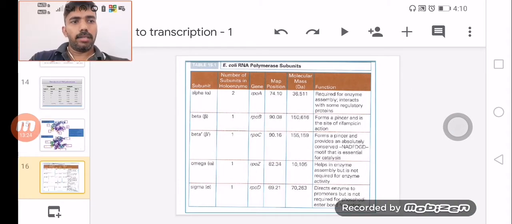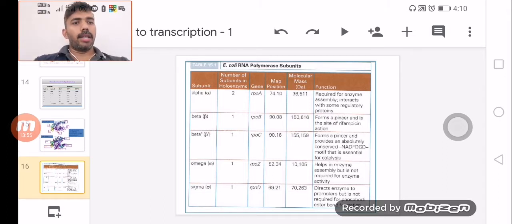And when you see the subunits in specific, the alpha subunits are required for the initial assembly of the enzyme. And moreover, the alpha has got the carboxy terminal domain and the amino terminal domain, of which the carboxy terminal domain is important for the interaction with the promoter site, right?